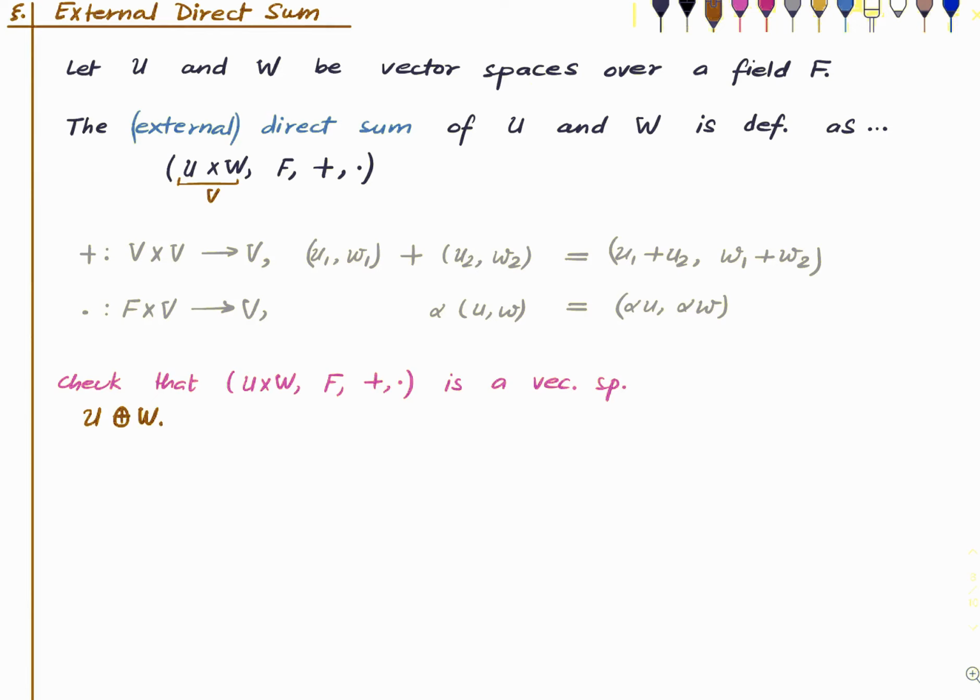So when we form the external direct sum, we use the same funny plus. Okay, and here is an exercise for you. Exercise. Show that dimension of the external direct sum is sum of dimensions. Okay, you just have to locate a basis and you will see.